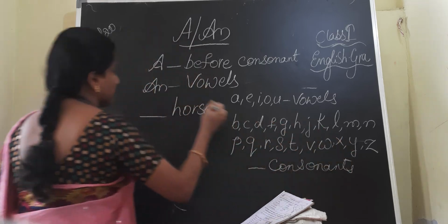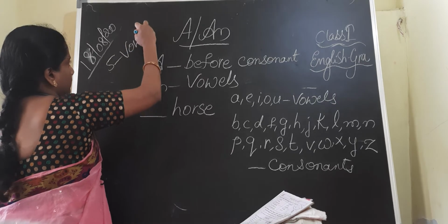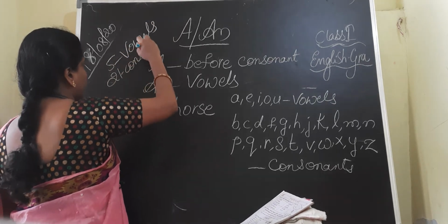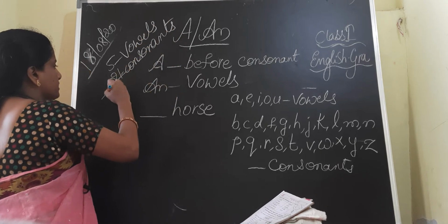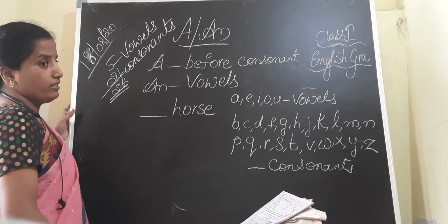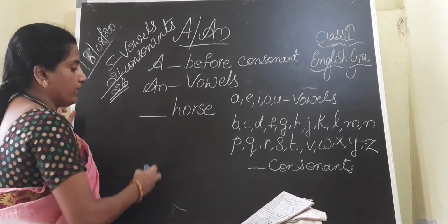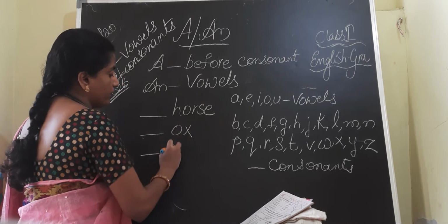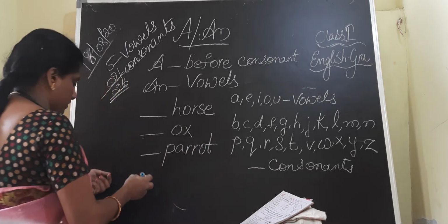How many vowels are there, children? 5 vowels and 21 consonants. Total how many letters in our English language, children? There are 26 letters in our English language. Now, a few examples of how to use A or An. Dash ox, dash parrot. I'll write a few examples on the board, then we will discuss, children.